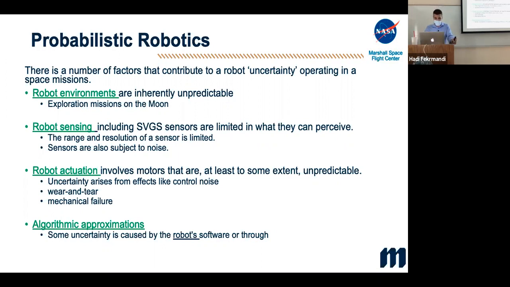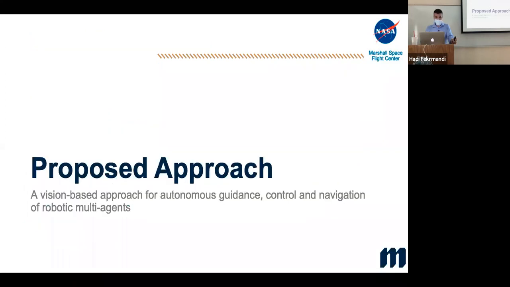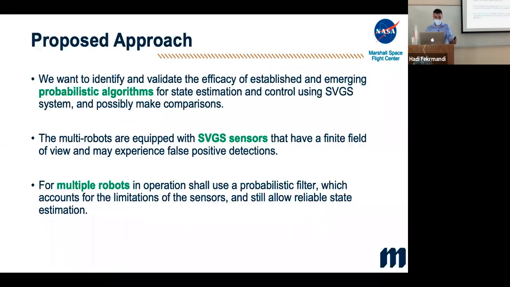Okay. All right, so let's go to the next slide. So the proposed method, I have talked about it. It uses the probabilistic algorithm, particularly the distributed state estimation, and also uses the SVGS sensor, because that particular sensor is important for NASA. They have been developing it, and as we saw even on the commercial side, Elon Musk is pointing in that direction: go vision, not other things.